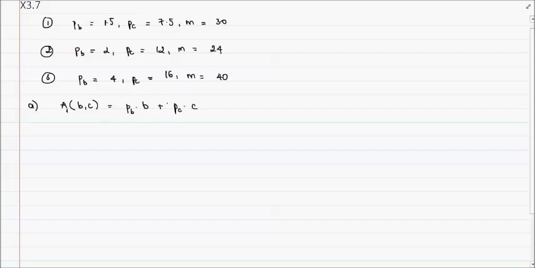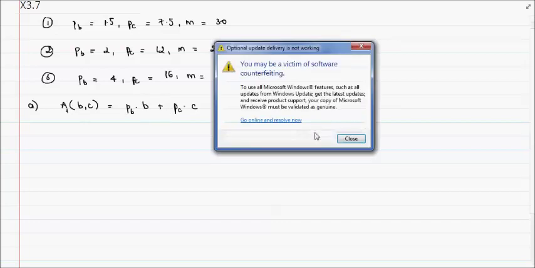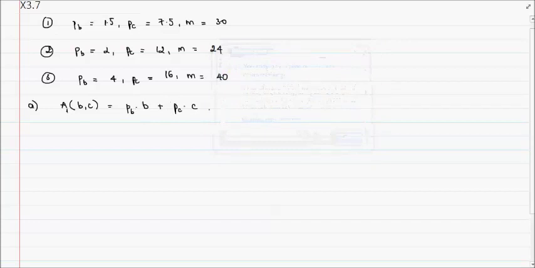This is called acquisition cost, the cost of consuming B units of B and C units of C. So in the first case it is 1.5 for good B times B plus 7.5 for good C times C. This is the acquisition cost for the consumption bundle with B units of B and C units of C.